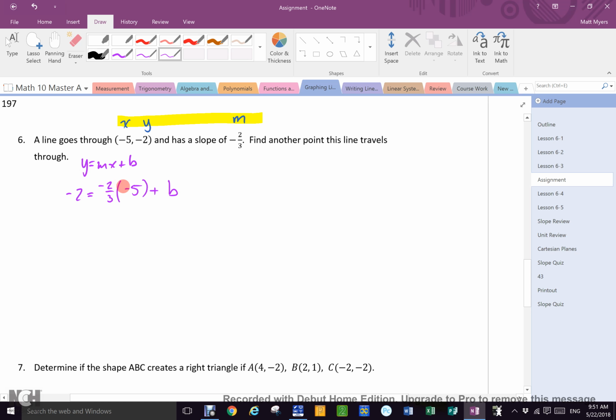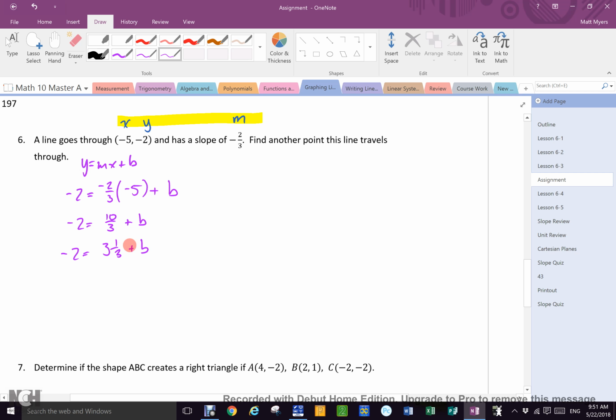What is negative 2 thirds times negative 5? 10 over 3. 10 thirds plus b, correct? 10 thirds is 3 1/3, correct? Everyone agree?